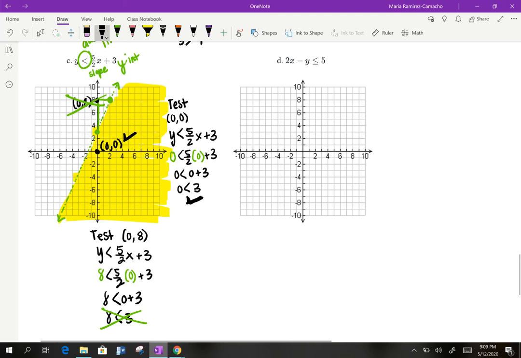Okay, part D. First of all, this isn't in slope-intercept form, so let's rewrite this so that we get y by itself. So subtract 2x from both sides.